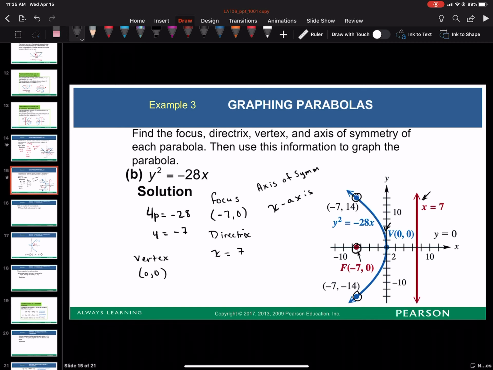So they use -7. If you use -7, you should get 2 different values. So keep that in mind. Just like the last one, they use 2, right? They use 2 and they got 2 different points. So keep that in mind when you're doing this. If you do that, then you don't have to worry about all them extra points. You can just go ahead and plot what you need.